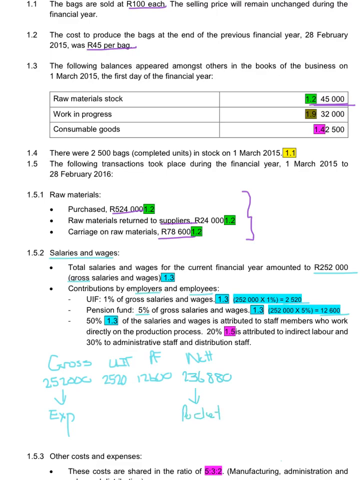Okay, then they say the employer contributes the same amount to UIF. Contributions will be 2,520, and pension fund contributions will be 12,600. These contributions of the employer is also expenses for the business to employ the people.